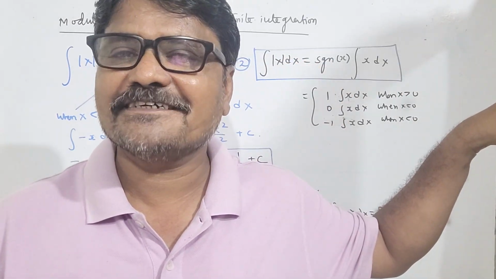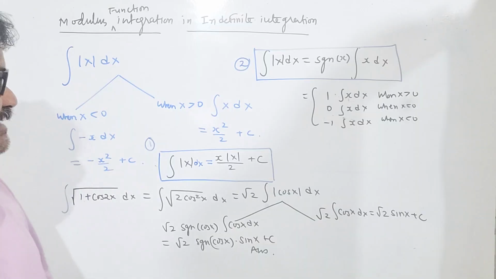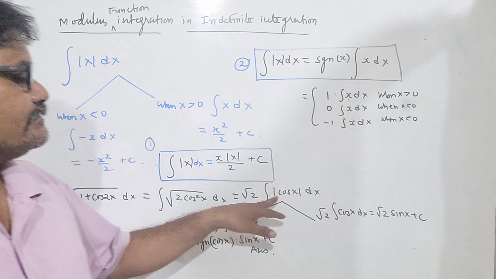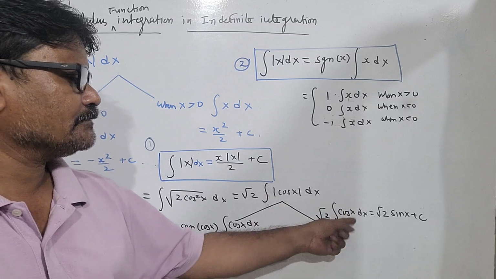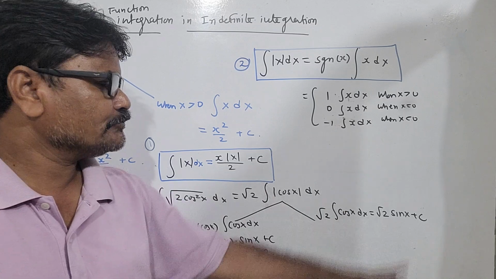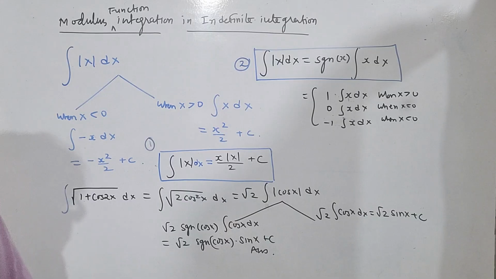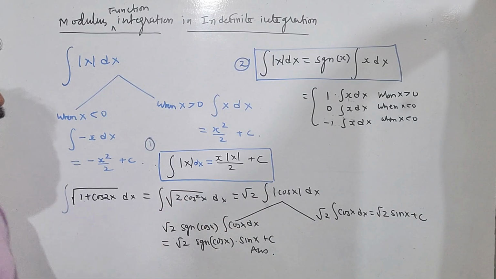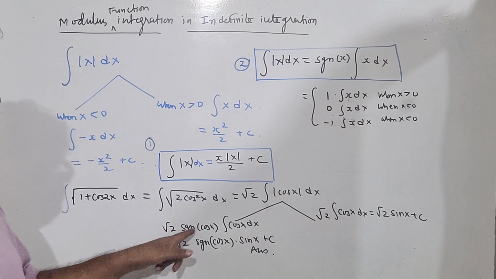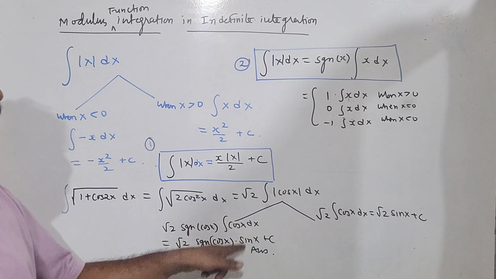That concept is okay. So I can say that if I ignore this modulus sign, then this is root 2 times integration of cos x, that is root 2 sin x. Otherwise, if you don't want to ignore this, then this is root 2 times signum of cos x into integration of cos x, sin x.